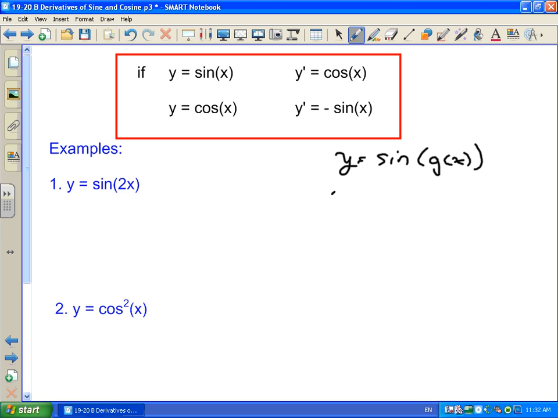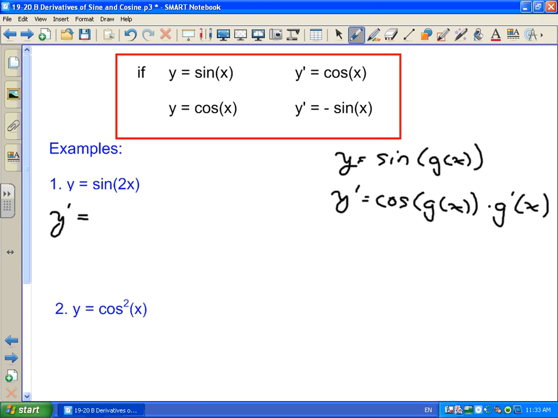So our derivative is going to be, well, the derivative of sine x is cos x. So it's going to be cos evaluated at that function, g of x, times the derivative of g of x. So this is just our chain rule here.